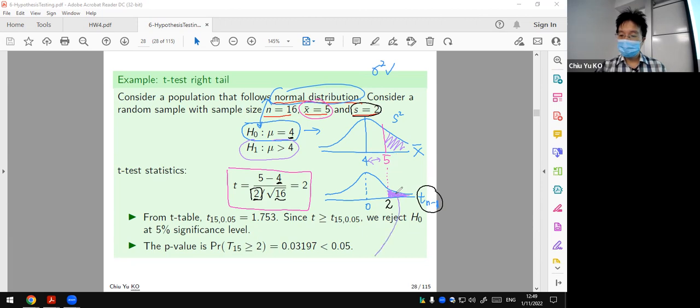Excel will give you the left area, so that's why you have to take 1 minus.